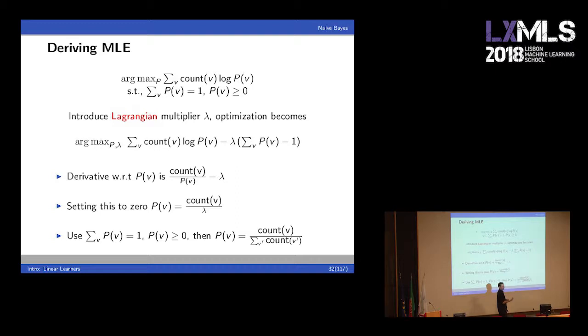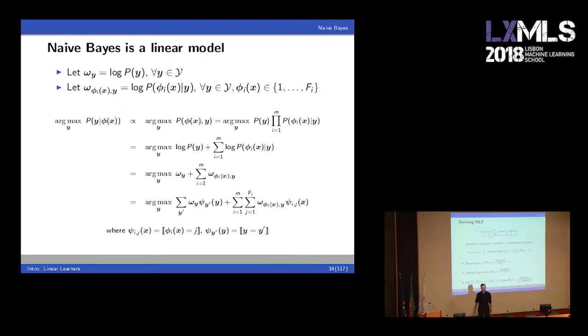You have to do iterative algorithms, and you have to wait until your algorithm converges, and you have to think about convergence, and where did you converge, and so on. Here it was very clear. You do the counts, and they give you the optimal parameters. They maximize the log likelihood of your training data.